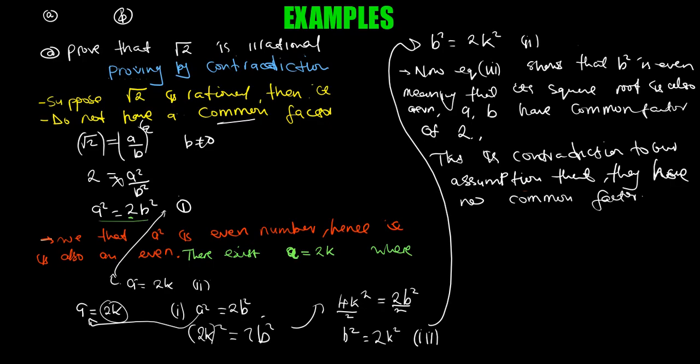At first, we gave our assumption that they do not have a common factor, and we proved these stages, and it was bringing out the common factor, which we didn't specify in the first statements.